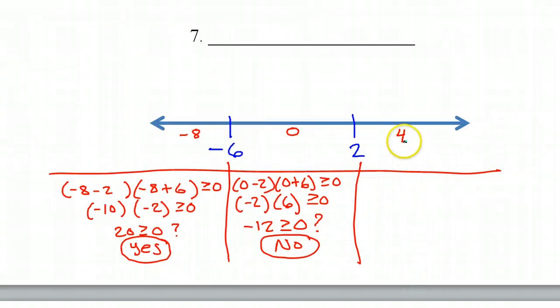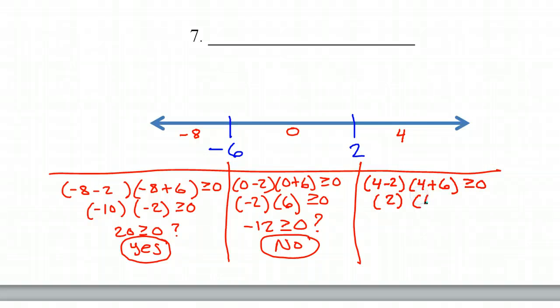Okay, finally we will test the 4 out. So if I put the 4 in there, it's going to look like this. 4 minus 2 and 4 plus 6. Trying to see, is that greater than or equal to 0? Well, that's going to give me 2 and 10. And you can already see that this is going to be greater than 0.